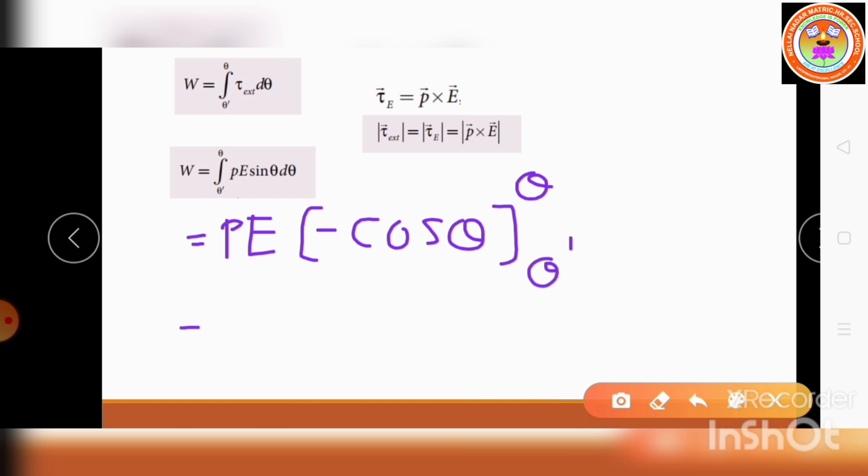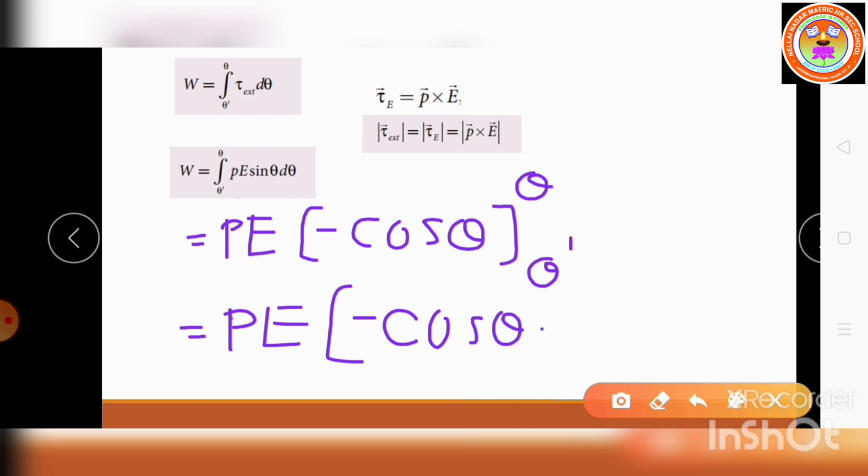So we get PE times, upper limit minus lower limit, minus cos theta minus, minus cos theta dash. Understand?